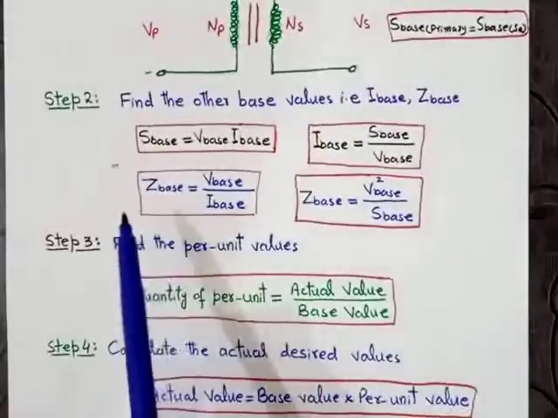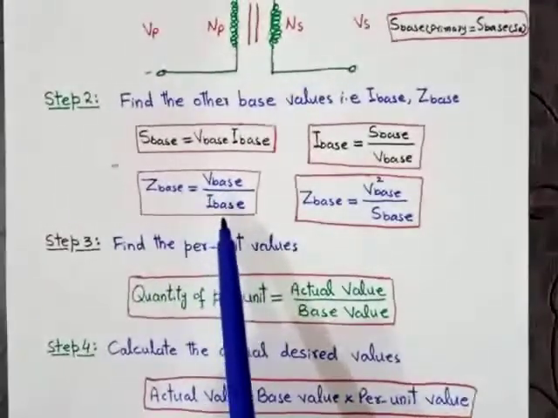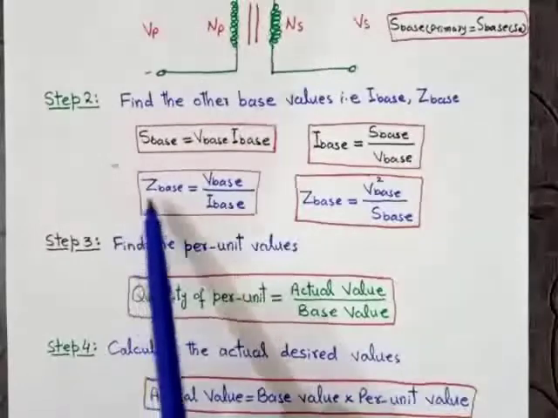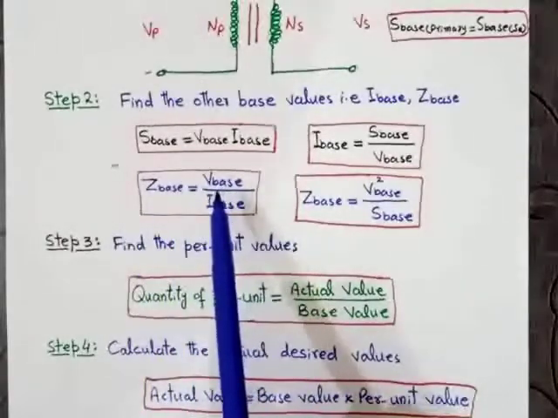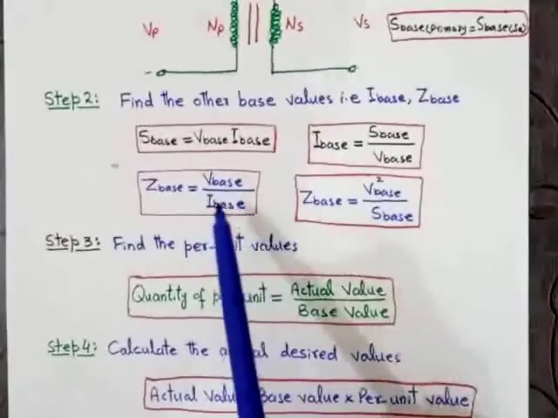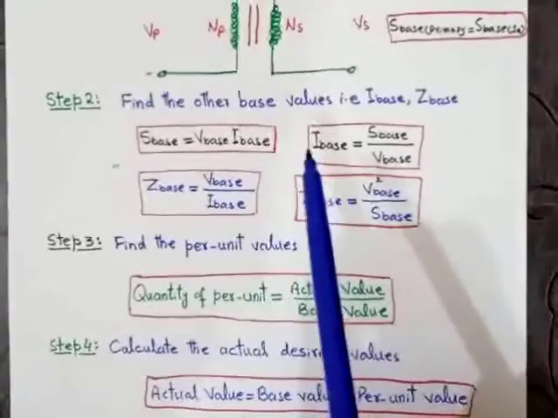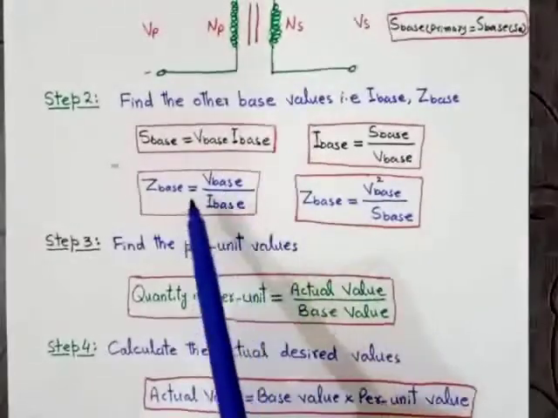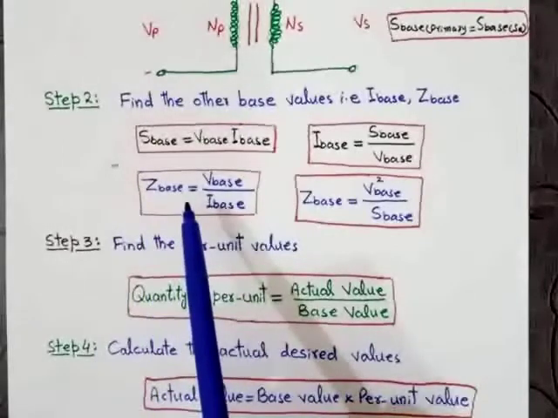And the value of Z base will be equal to, as we know, Z is equal to V over I. So Z base will be equal to V base over I base. V base we select in step number 1, and I base we determine by using this equation. So putting the values of V base and I base in this equation, we can find the base value of the impedance.